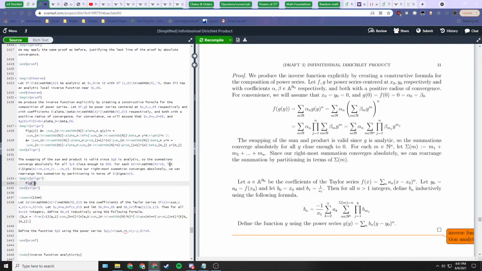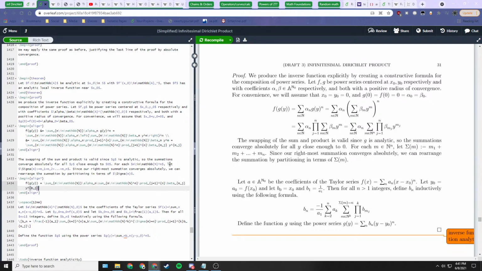So we have f of g of y still, we have the summation of alpha n, and so on and so forth. Okay, so this summation will do a sum across k equals n up to infinity, and we'll limit the summation across capital sigma of m equaling k.